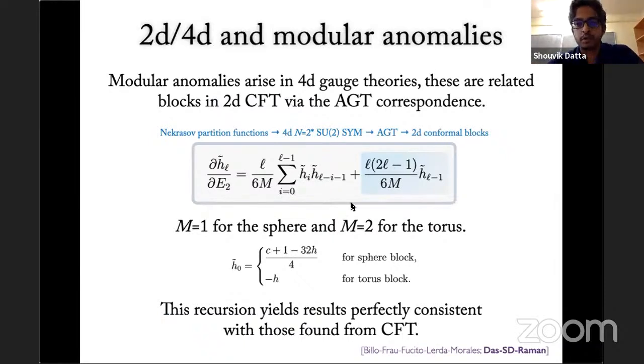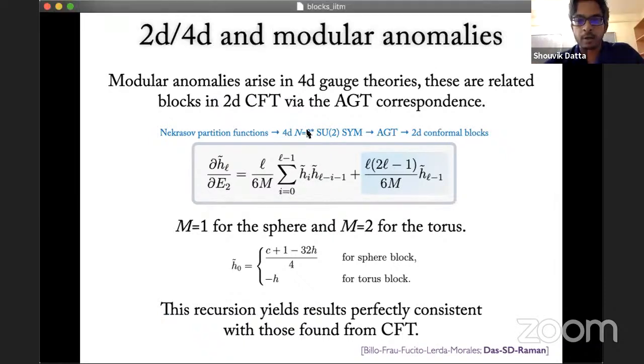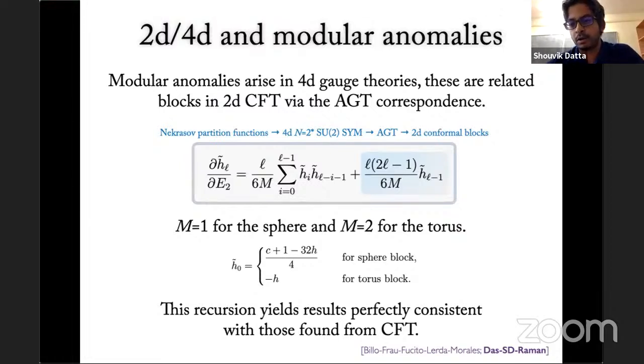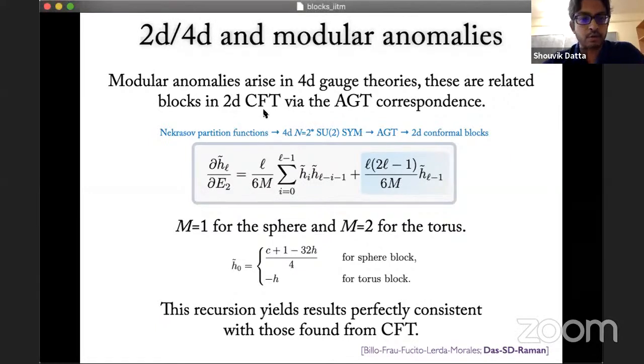In order to obtain the exact thing, a big import was done from the AGT correspondence, which relates two-dimensional conformal blocks to 4-dimensional gauge theories. There's a long story which starts with Nekrasov partition functions of 4D N=2* super Yang-Mills theory, and this is related via the AGT correspondence to 2D conformal blocks.